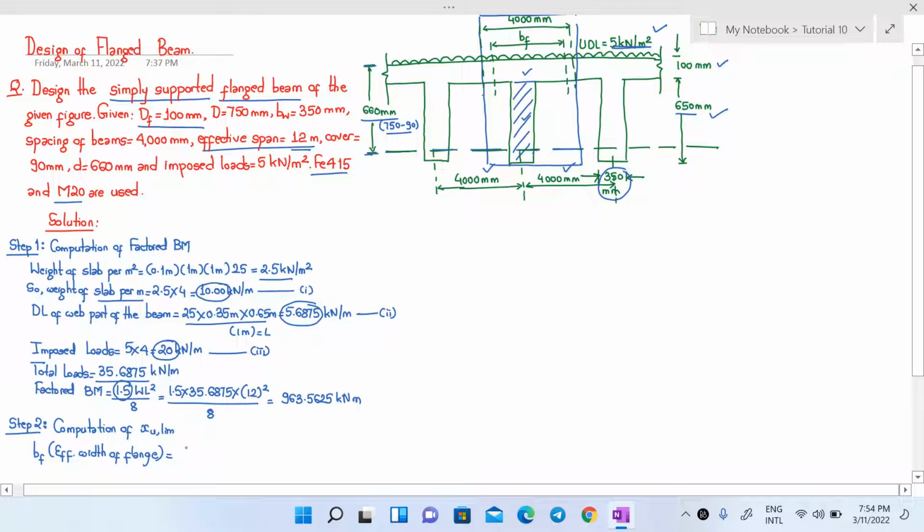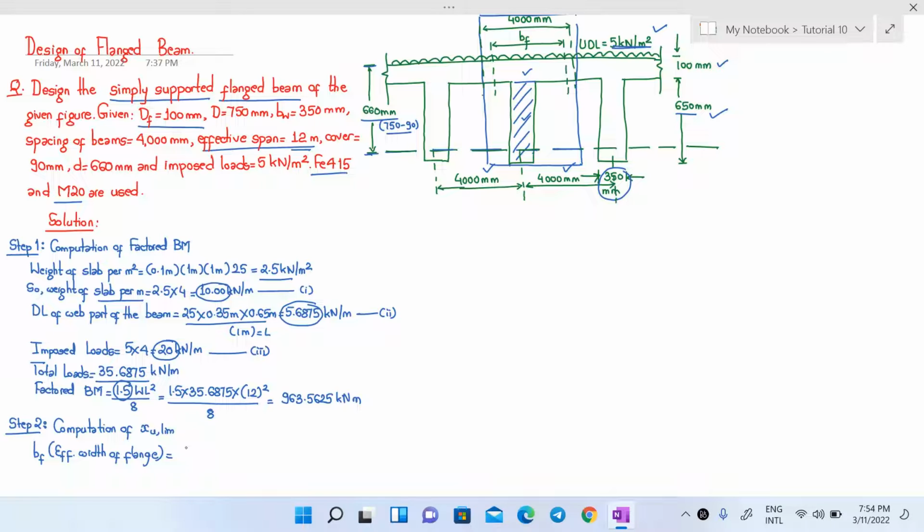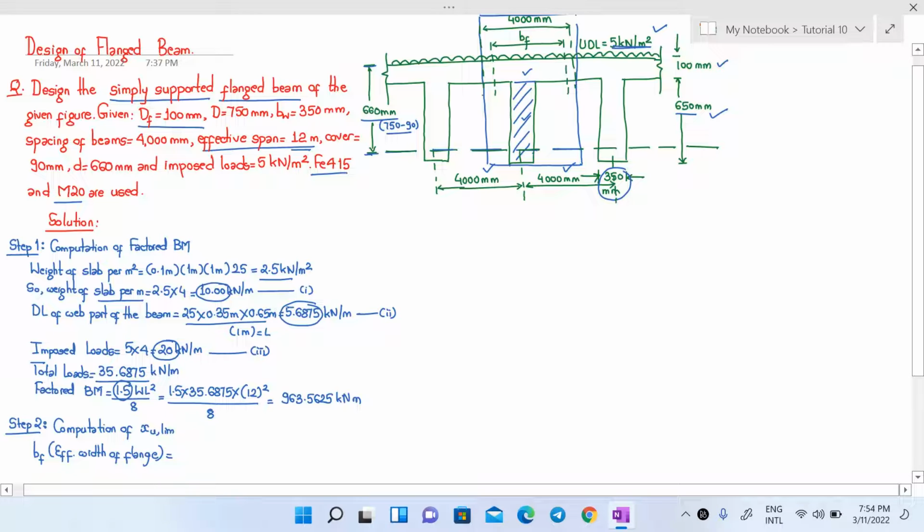Remember, when we are calculating the factored bending moment, the effective span that we are using here is equal to the center to center span, that is 4 meter. So we have to use the actual distance for calculation of load, but for calculation of other factors we have to use this effective width, which is given by, as we discussed during our class, L0 over 6 plus BW plus 6 times Df.